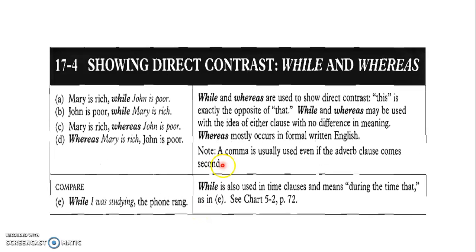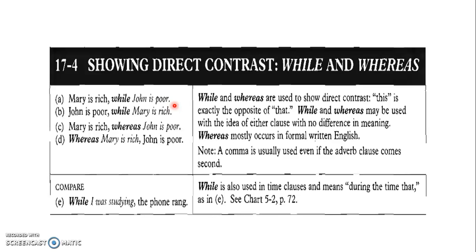Okay? The next one, showing direct contrast. We use while and whereas. Mary is rich, comma, while John is poor. While and whereas are used to show direct contrast.